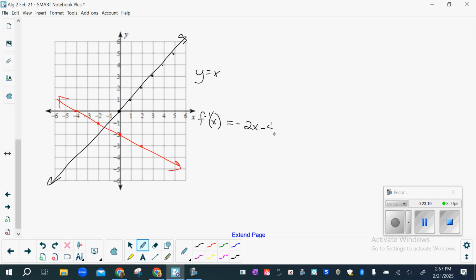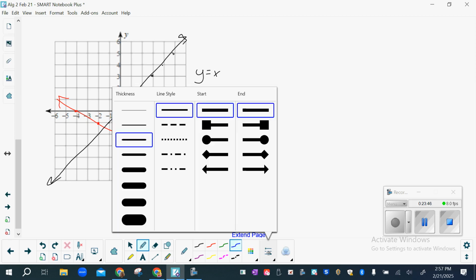So for my inverse equation line, I take a point on the red line. So -4, 0. What's my inverse point? 0, -4. So I'm going to make that in blue.